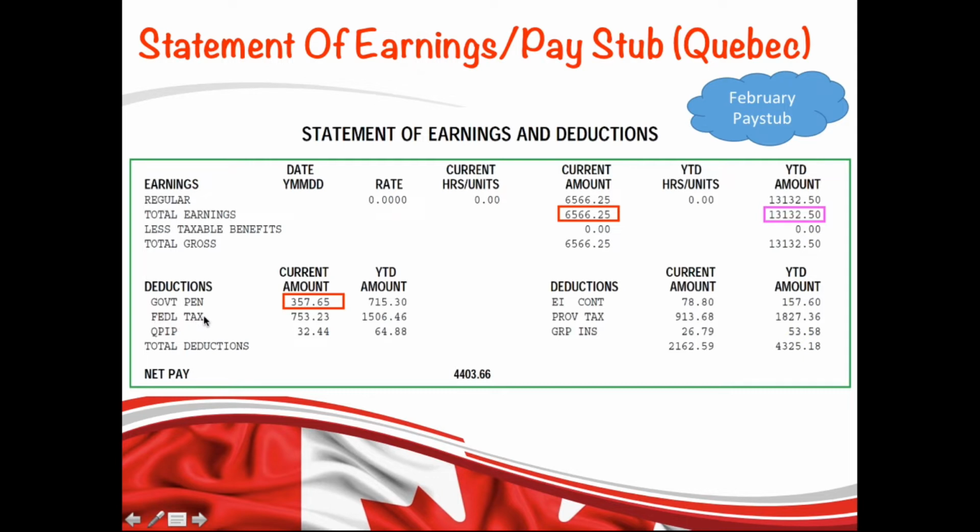Almost all individuals who are 18 years of age or older and work in Canada must contribute to the Canada Pension Plan. This is the amount that will be deducted in Quebec province if your pay is this much, and for federal tax you need to pay $753.23 at this amount, and it varies from province to province and the level of income that you make, which I explained already.